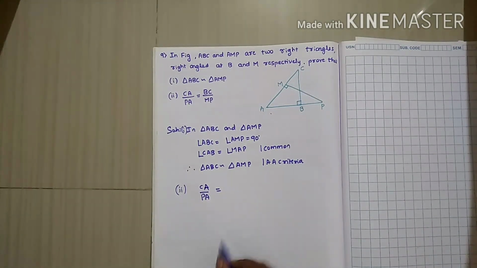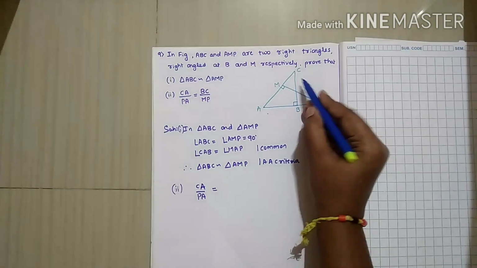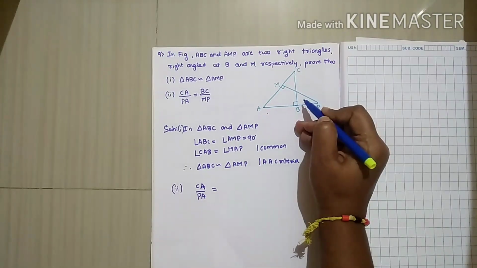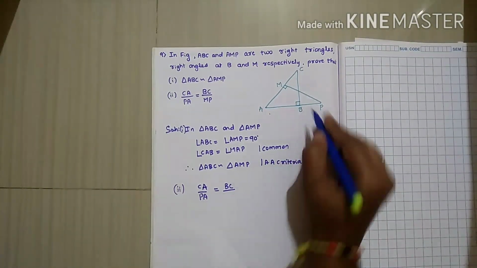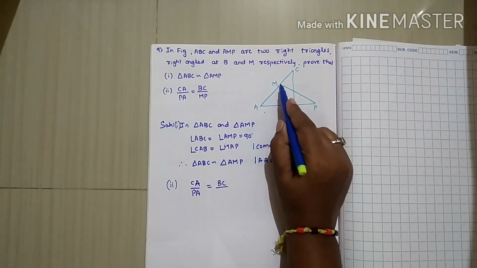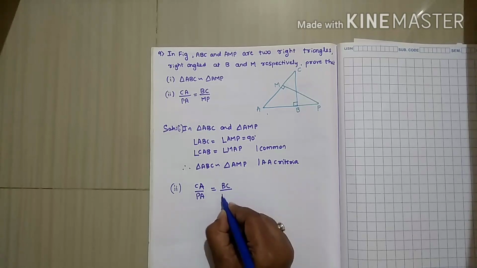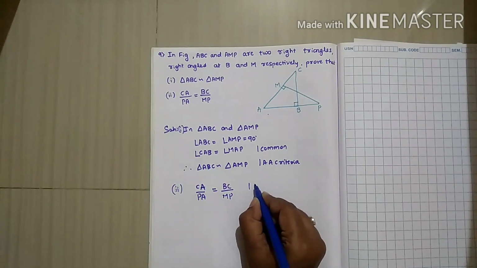Now one more thing you observe, we have a common angle for both the triangles. In triangle ABC, opposite A is BC, divided by, in triangle AMP, opposite A is MP. BC over MP. This is the second result we want to prove. What is the reason for this?